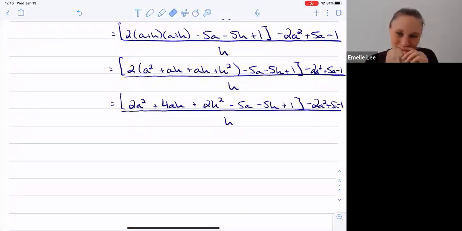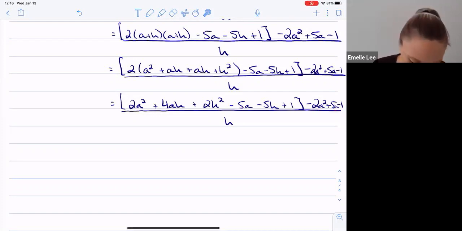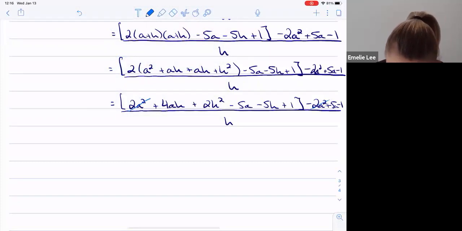Might even have to turn it off. Erasing stuff. So 2a squared minus 2a squared, that's going to go away. Negative 5a plus 5a, that's going to go away. And then plus 1 minus 1, so that's going to go away. To show the cancellation, I'll use a different color here.